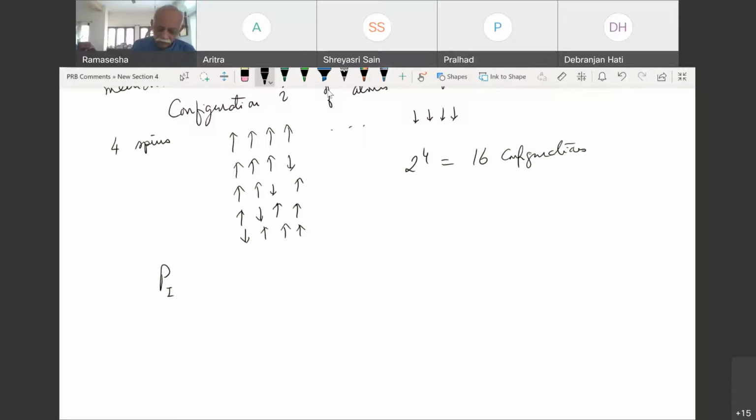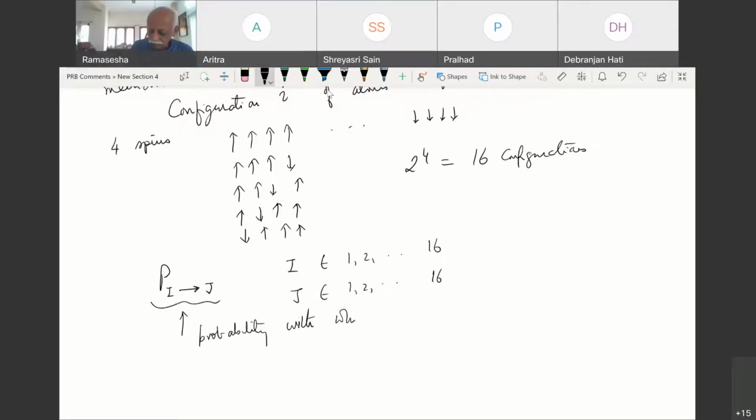Pij, where I and j belong to 1 to 16, is the probability with which the transition takes place from state i to state j.